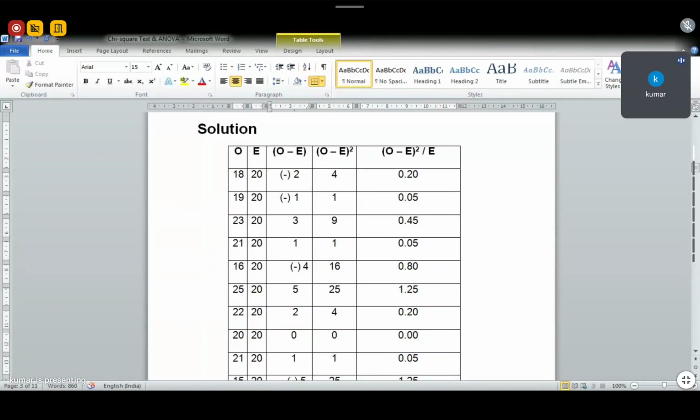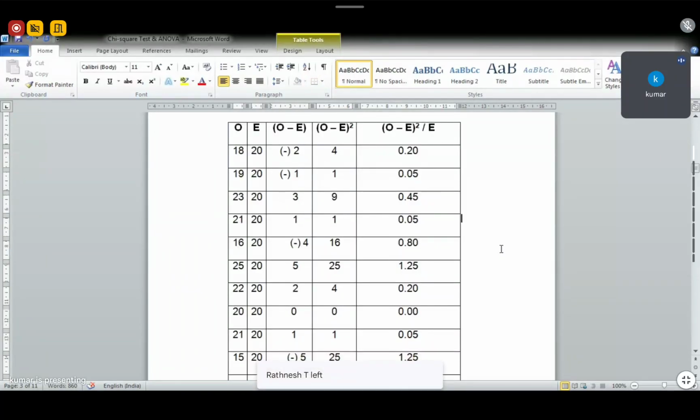So all the observed frequencies are written down in the first column. We have to find out the expected frequencies. The 200 digits are there totally. How many classifications are there? 0, 1, 2, 3, 4, 5, 6, 7, 8, 9, so totally 10 items.